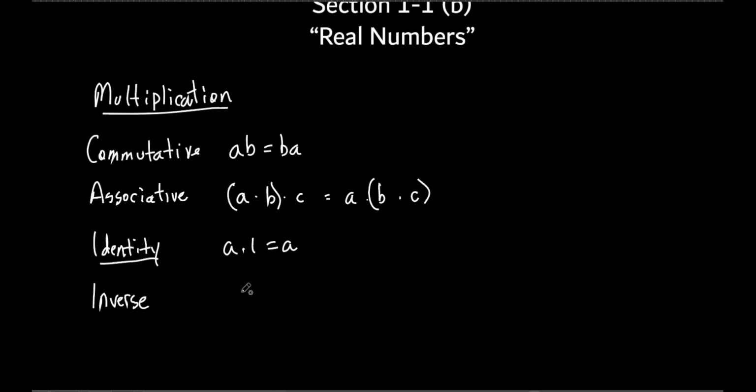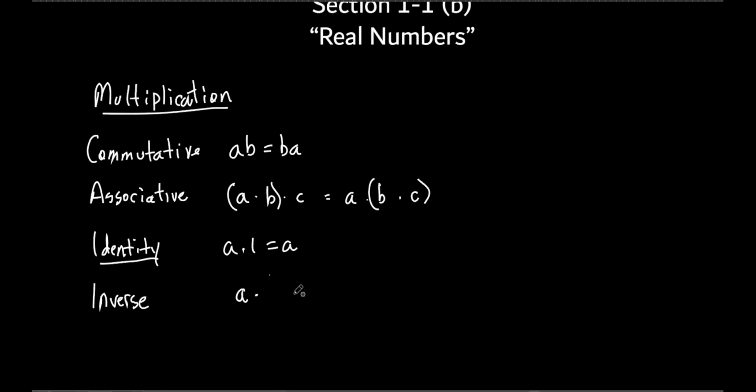I guess they could have used other letters, but they're going to do this. So A times, what's the inverse of A? It's 1 over A, right? The reciprocal or inverse. When we talk about the multiplicative inverse, we're talking about flipping it, okay?